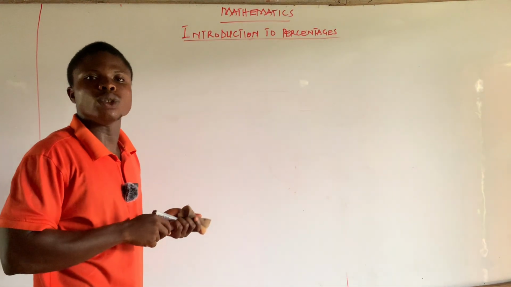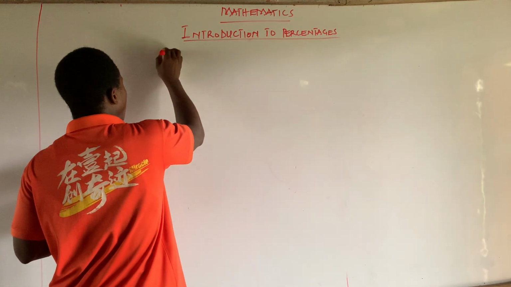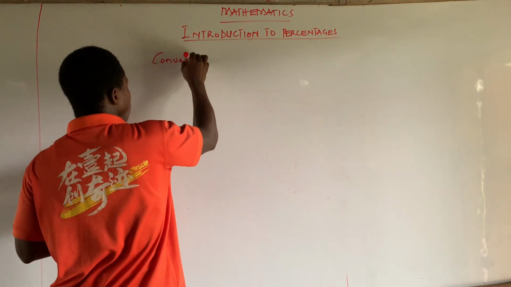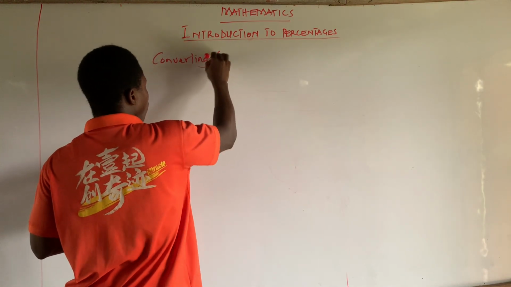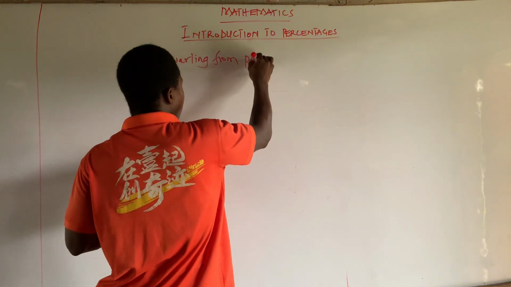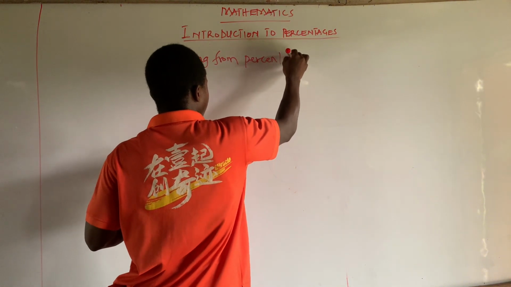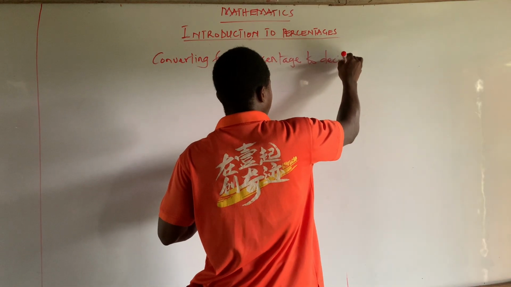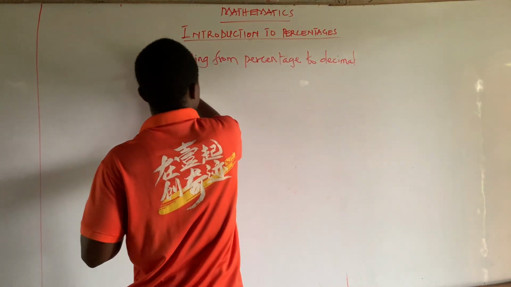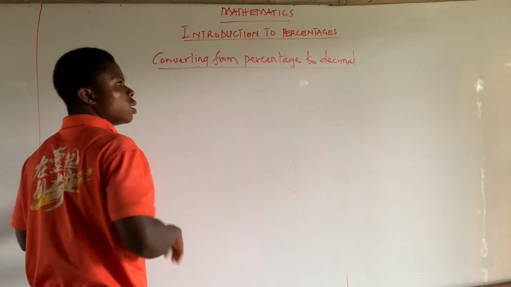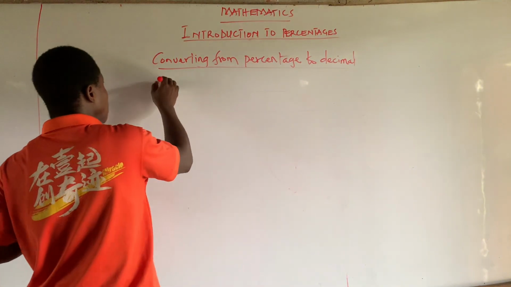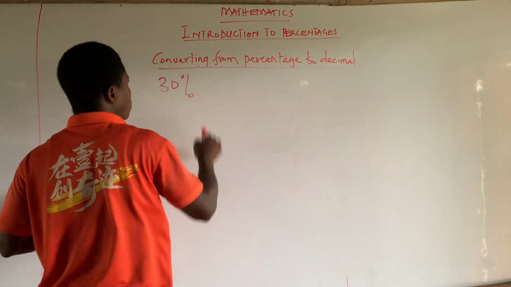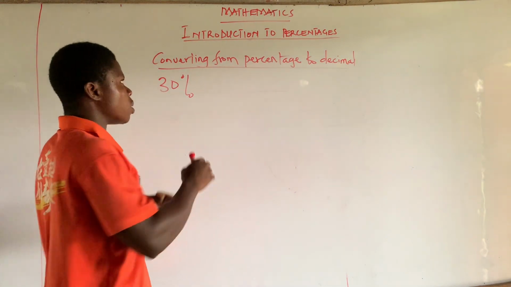Now, from percentage to decimal. So converting from percentage to decimal, any percentage at all. Let's take 30%. We are converting this to decimal.